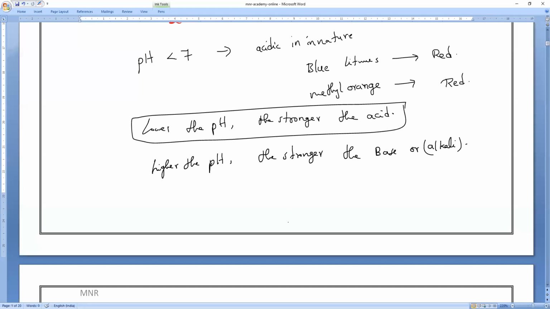They turn red litmus to blue in color. Methyl orange changes to yellow color. With phenolphthalein, acids show no change in color, but bases show pink color.